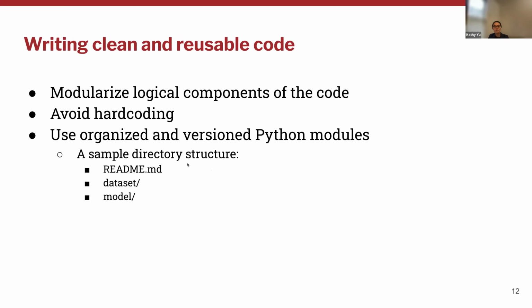And you might actually have different variations of the same model. We have a utility directory that contains helper functions. We might have a train directory that contains your training scripts and all of the supporting functions. We have a configuration directory that allows you to keep configuration files.